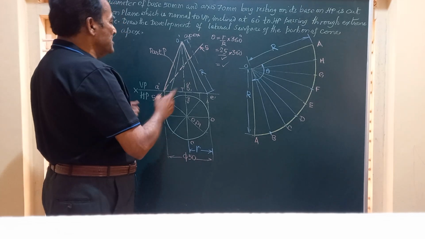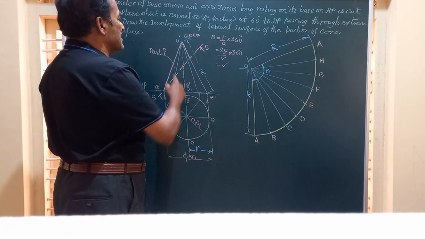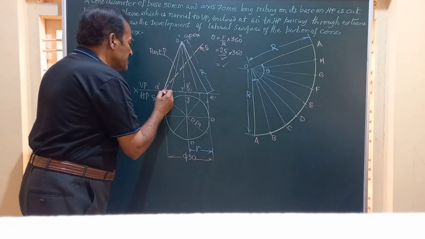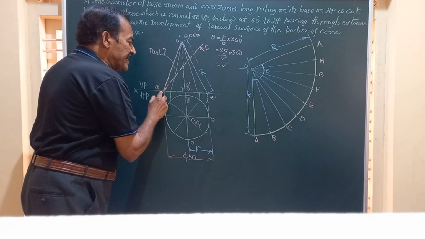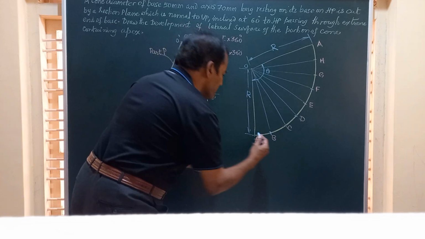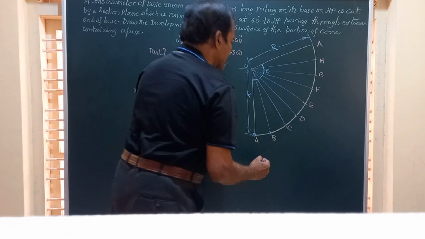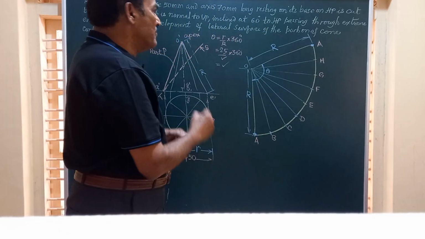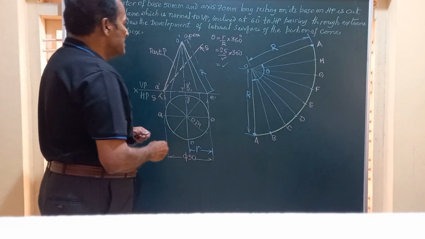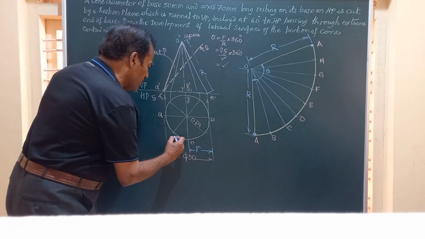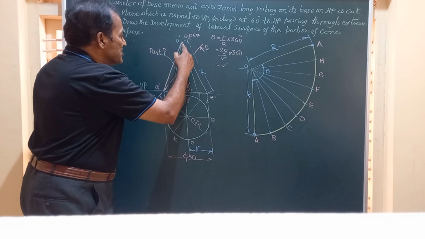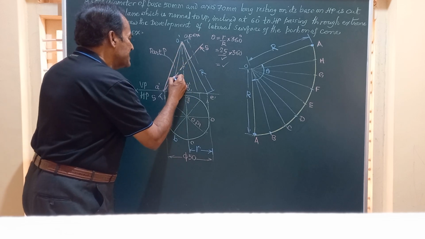Now, let us see how to mark the development of this. Friends, you can see here, the section plane SS is passing through point A. We have A here. I'll show it by a dark line. Again, A we have got here. Is it clear? You have to be very cautious. Then you can see OB and OH are cut here.